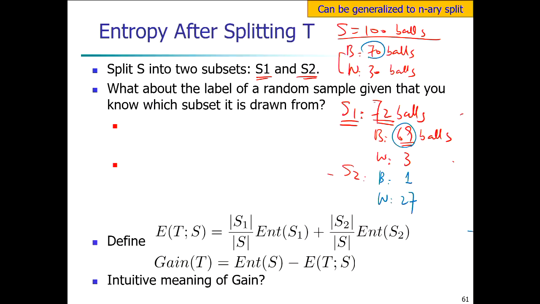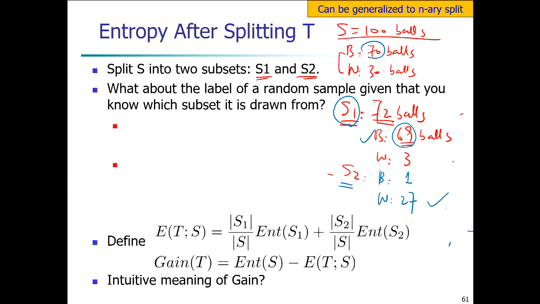And for this kind of configuration, I think everybody agrees that if I know which set it comes from, let's say S1, I will definitely predict black, because the ratio is actually 69 to 3, right? Almost always win. And if it's coming from S2, I will predict white.